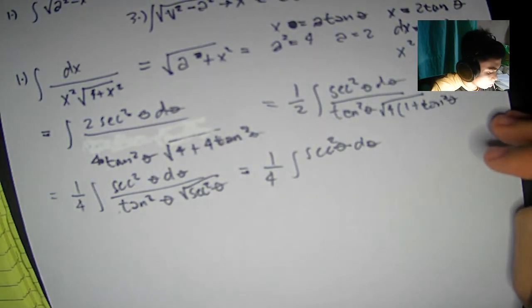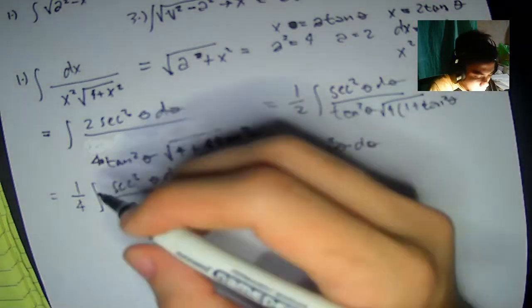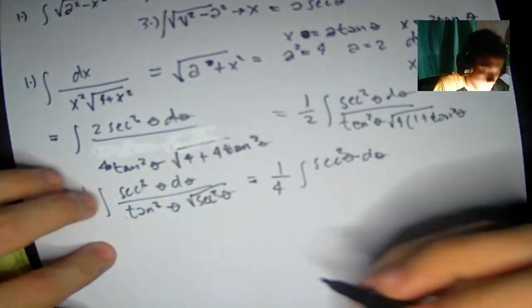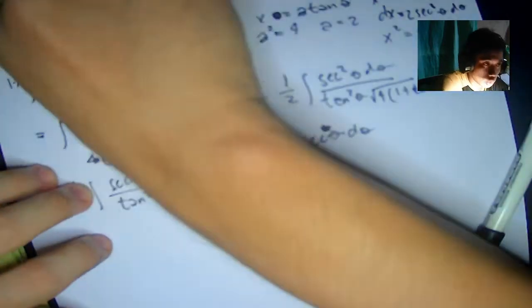We can cancel the 2 here, so we shouldn't have 2 here.